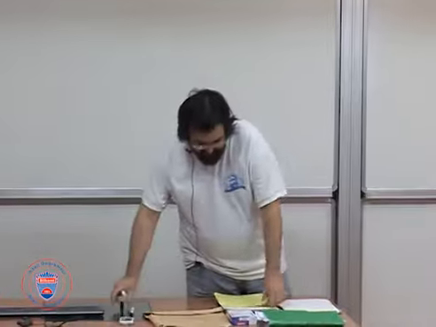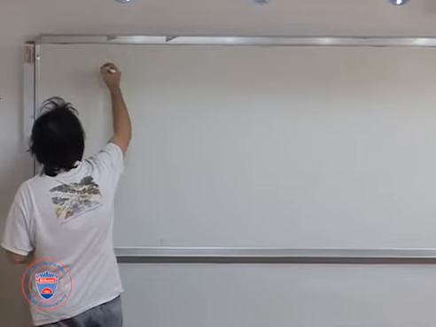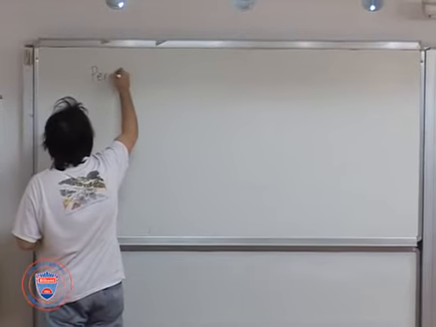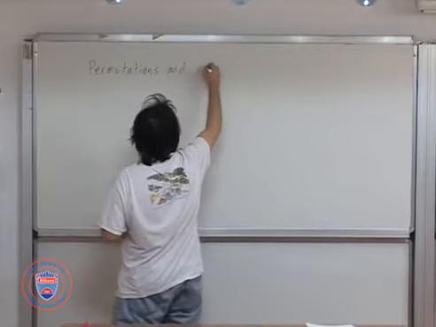Other than that, today we will do permutations and combinations. This is one of the important sections for this course. In general we call it counting, but it's permutations and combinations.